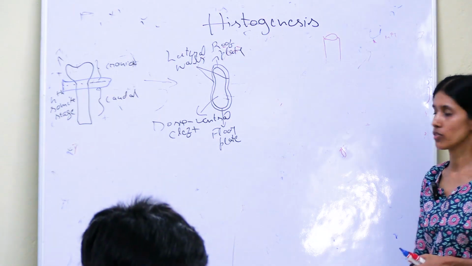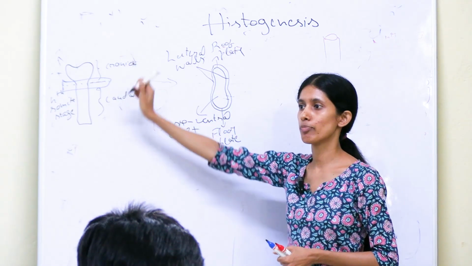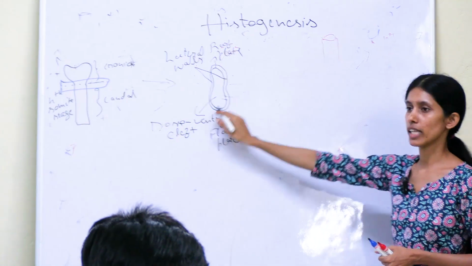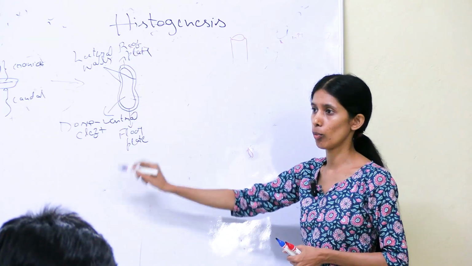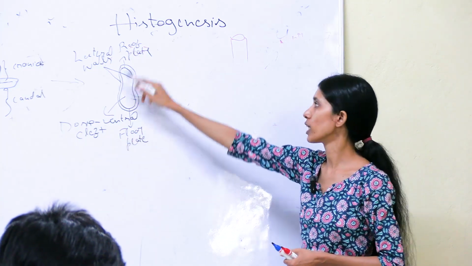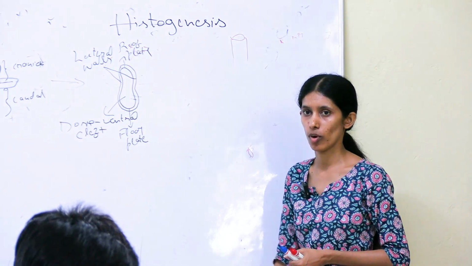Okay. So first we have taken the section between the junction of your cranial part and caudal part. If we observe the gross structure, we can see a cavity or an opening that is called the dorsoventral cleft. Apart from that, we have roof plate, floor plate and two lateral walls.